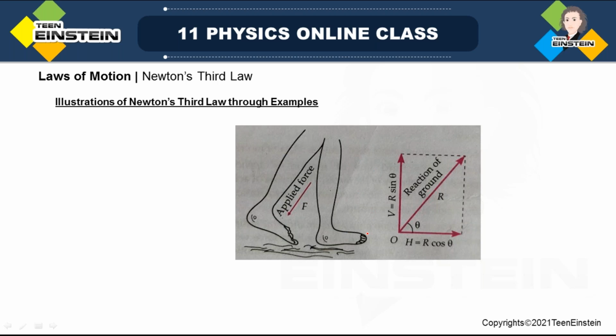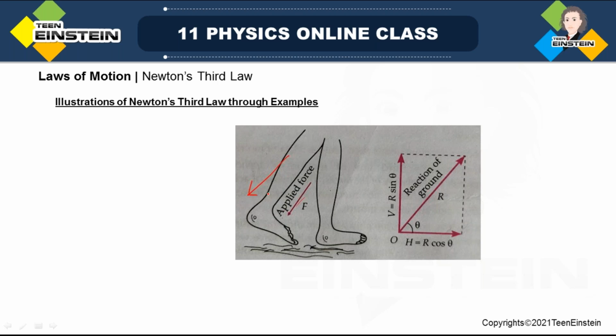When we walk, generally what we do, we apply a force on the ground obliquely, not like this. When you stand, we apply force which is vertically downward, but when you walk, we apply force in an oblique manner.